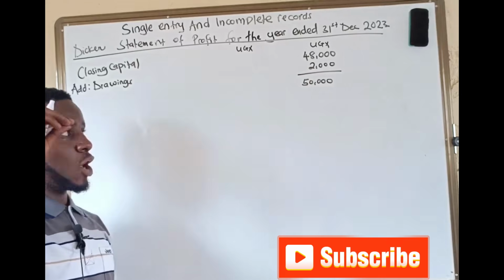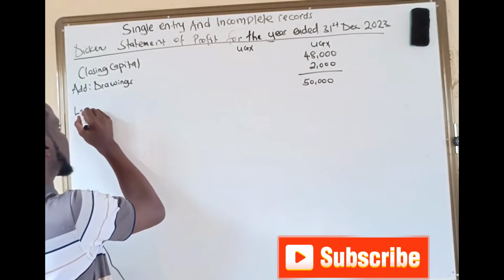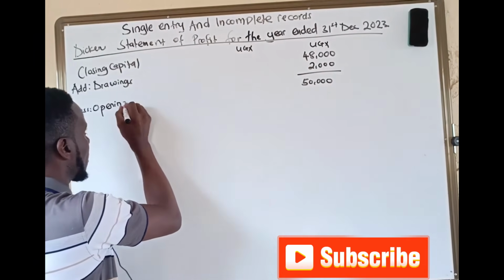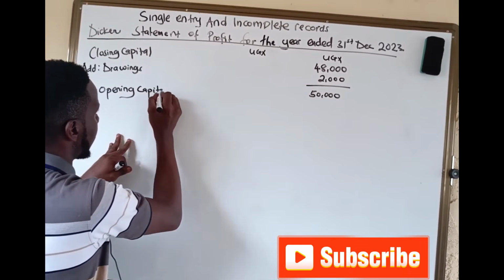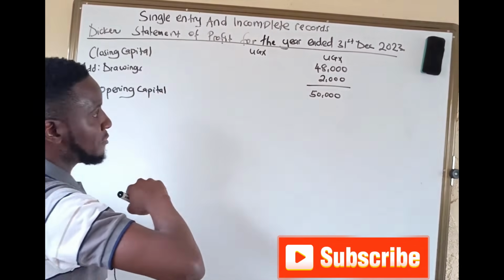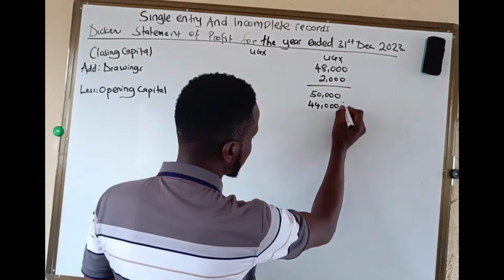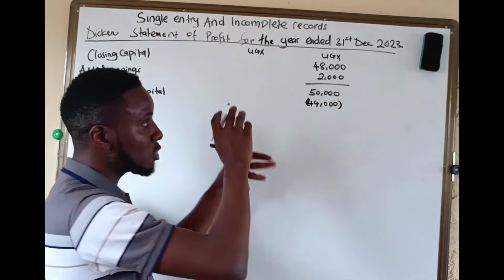Remember, what we are going to do now is subtract the opening capital. Now, our opening capital, if you recall very well, was 44,000. Since there was no additional capital, we are going to take this.